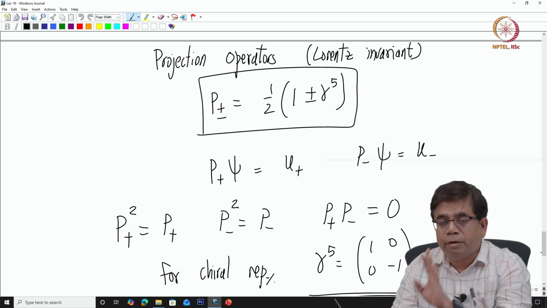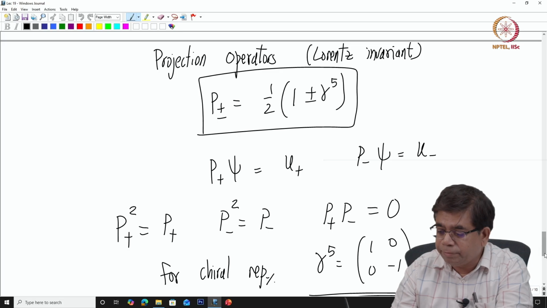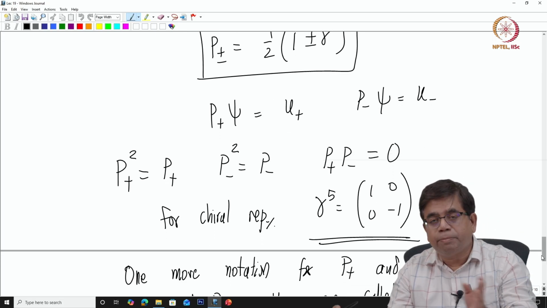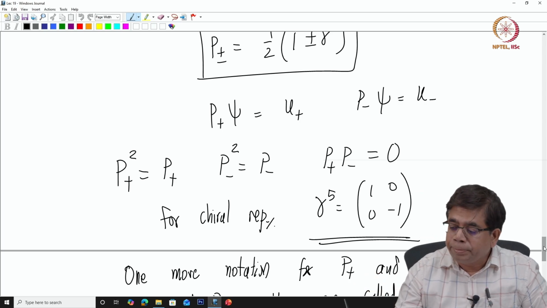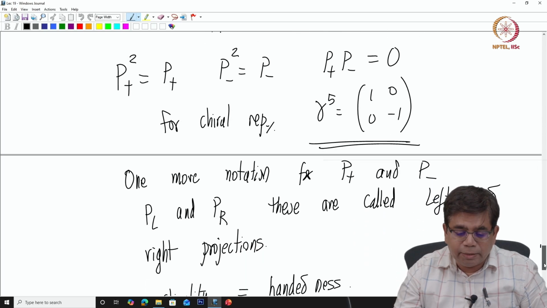So these projection operators, 1 by 2 (1 plus minus gamma five), P plus picks out the left moving component and P minus picks out the right moving component, independent of whether the gamma matrices are defined in the chiral representation, the Dirac representation, or the Majorana representation. One can go from one representation to another by a similarity transformation, and I leave that as an exercise.